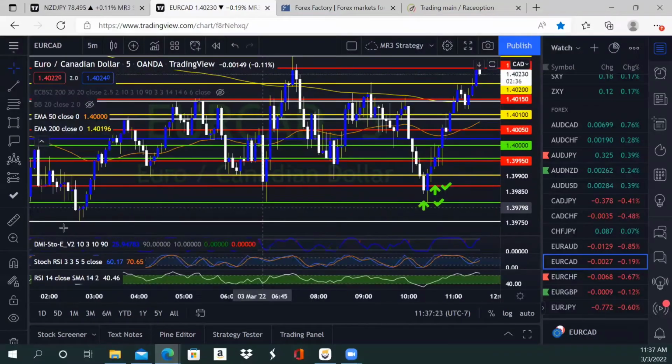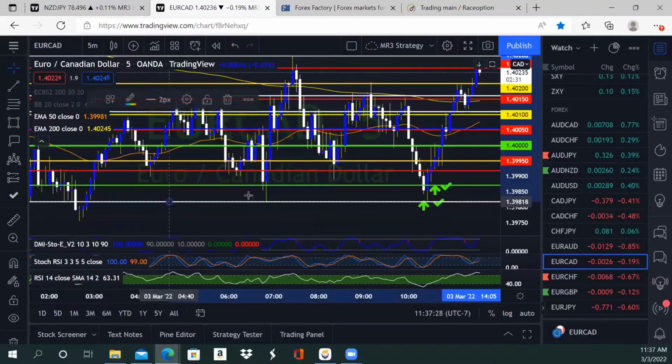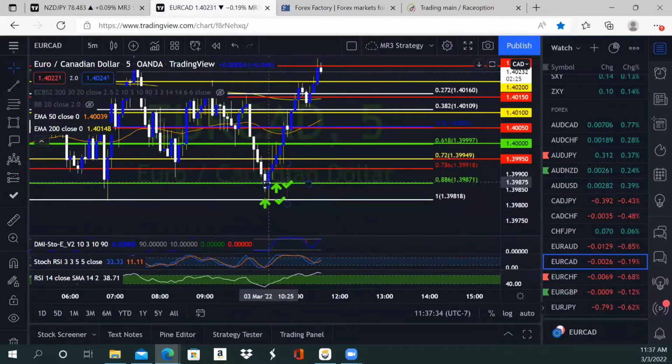Okay, so initially we had our fib level here, and we were waiting for the 886 area, and it actually touched it and then started going up, then dropped. So we rolled our initial entry, which was here, and it came down more.